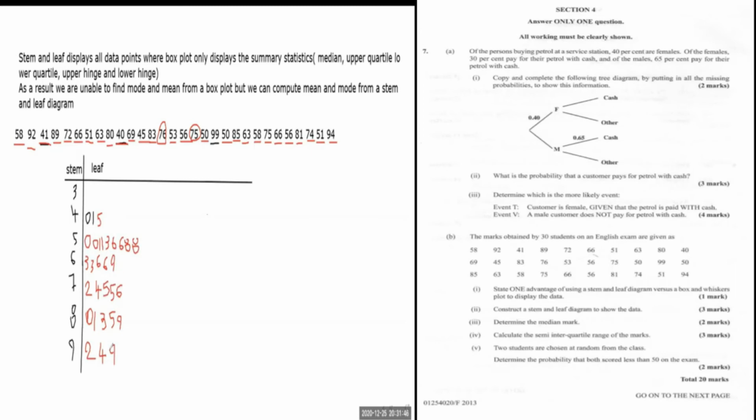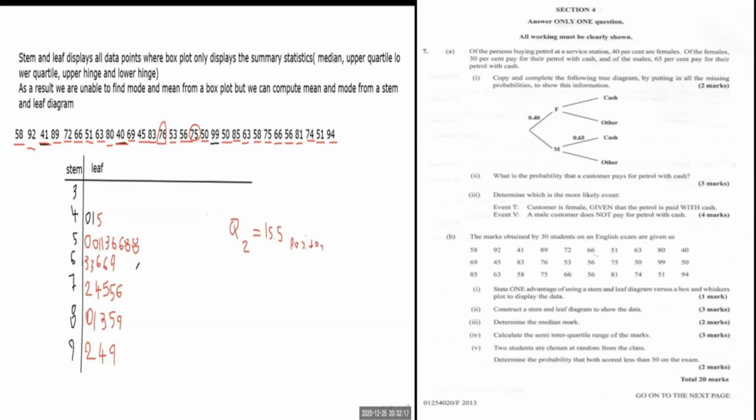It says determine the median mark. So the median is Q2. The median occurs midway, at the 15.5 position. So the 15.5 position is going to be in between.